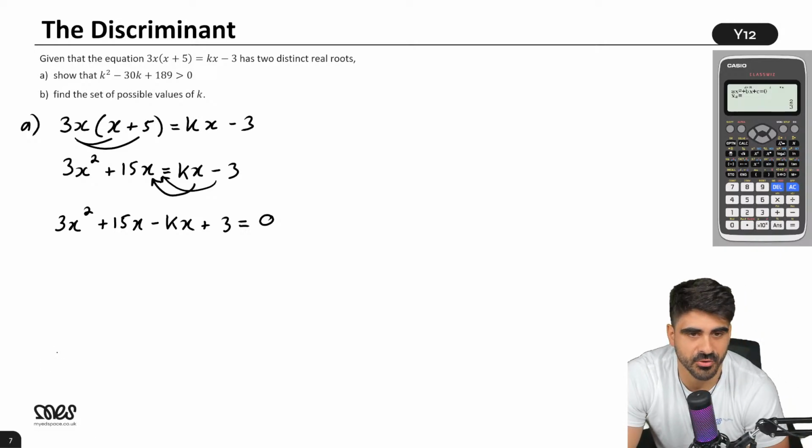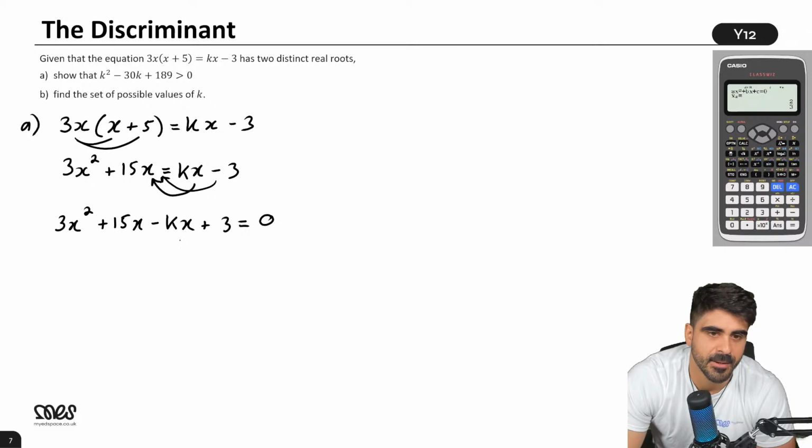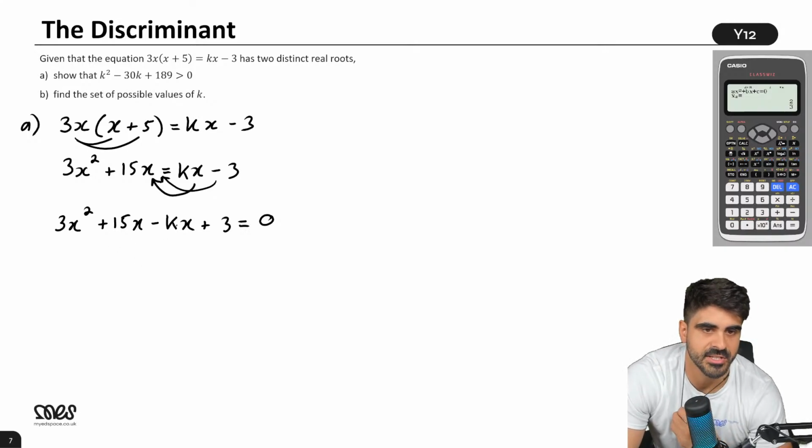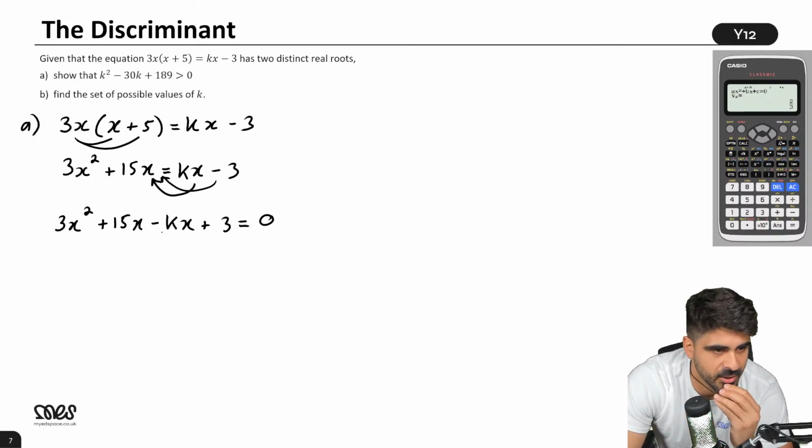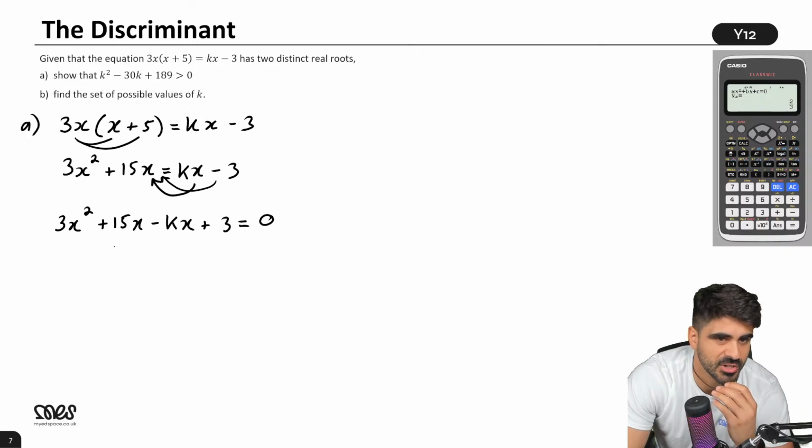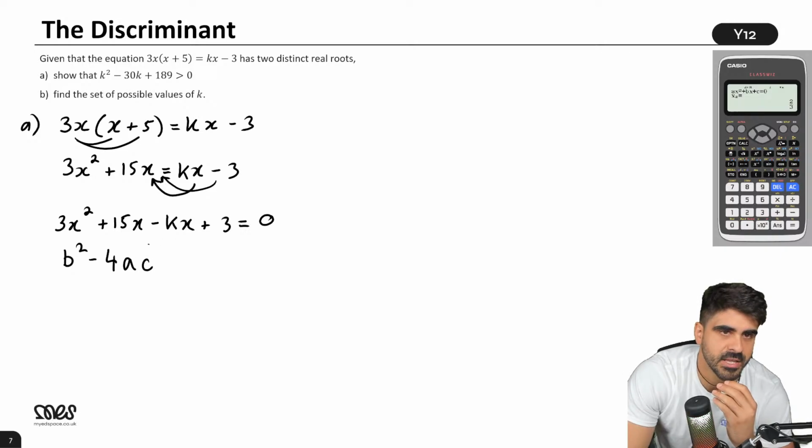Now you can factorize, but it's not that necessary here. Now we look at the discriminant. Not everything's divisible by 3, right? Because of that kx. If that kx wasn't there, then yeah, we could divide by 3. But here we just go straight to the discriminant. So, b squared minus 4ac is what in this case?